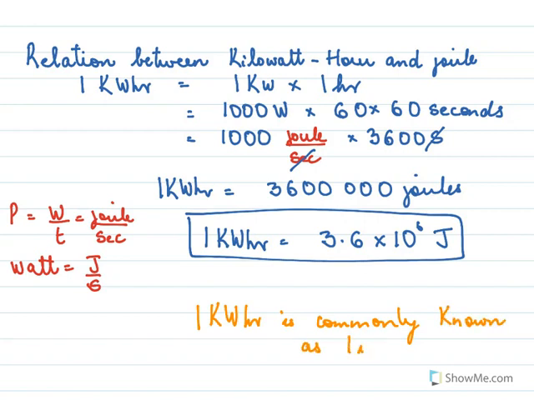If you look at an electricity bill, you will see that 10 units or 100 units or 1000 units. 1000 units means it is equal to 1000 kilowatt hour.